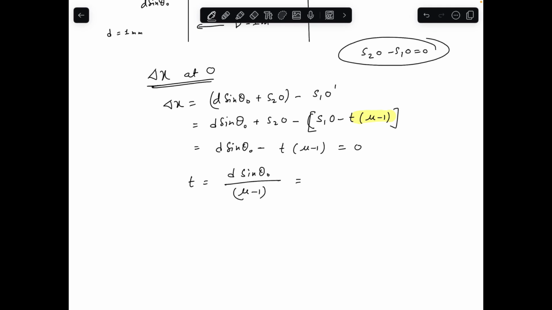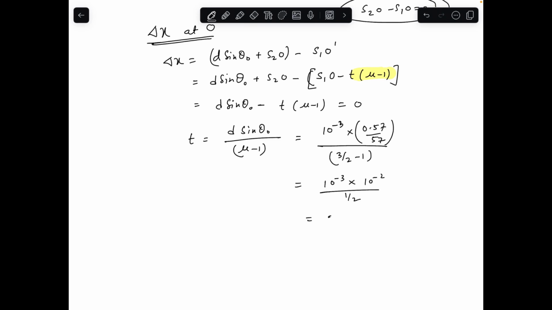So from here, if I put the value of d, 10 to the power minus 3 into theta naught is 0.57 by 57 divided by 3 by 2 minus 1. So I'll get 10 to the power minus 3 into 10 to the power minus 2 divided by 1 by 2.